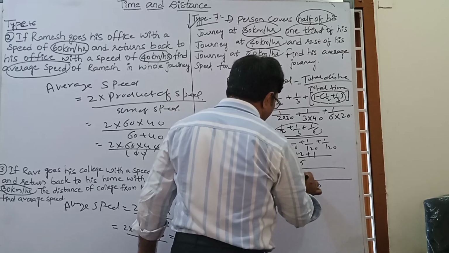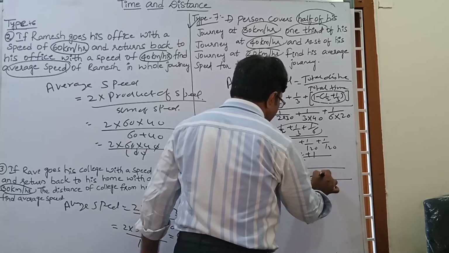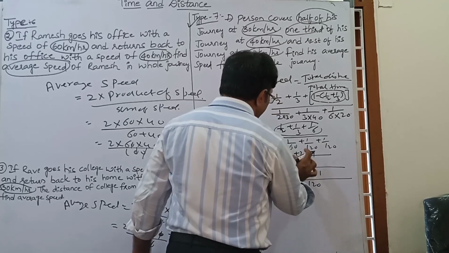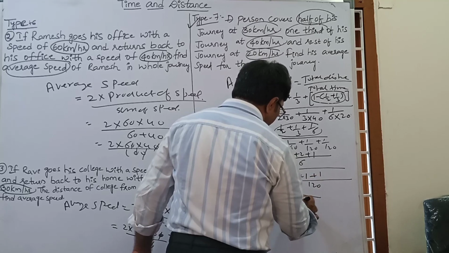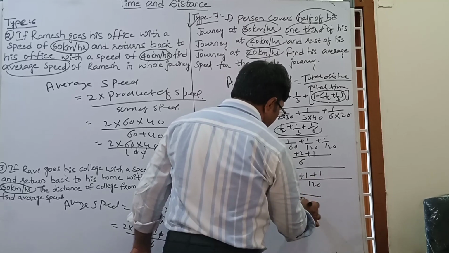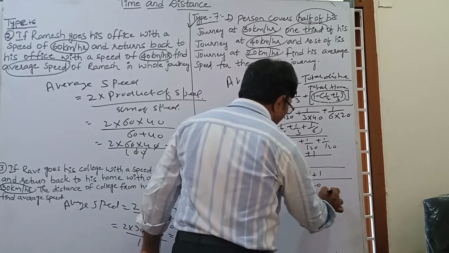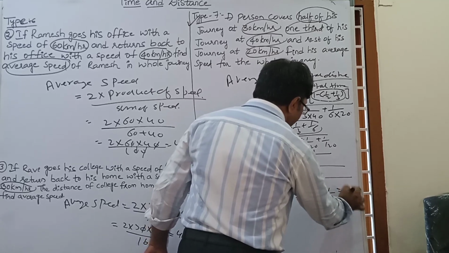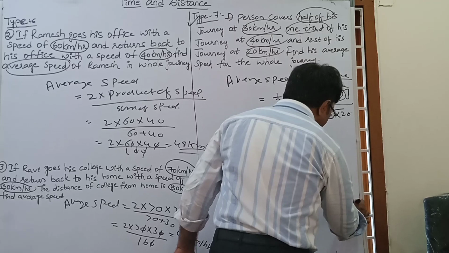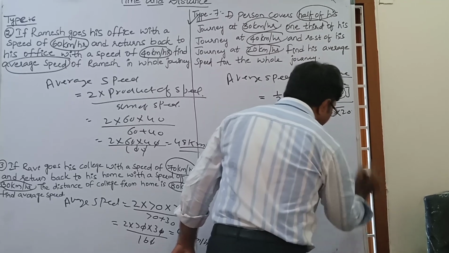So 2 sixties are 120, this is 1 and this is 1. So this is 6 by 6, that is only 1, and this is 4 by 120. So this is 4 threes are 12, so your answer is 1 upon 1 by 30, so only 30. So 30 km per hour is your correct answer.